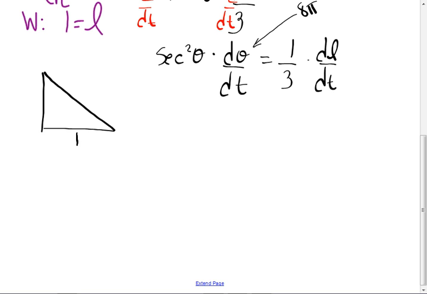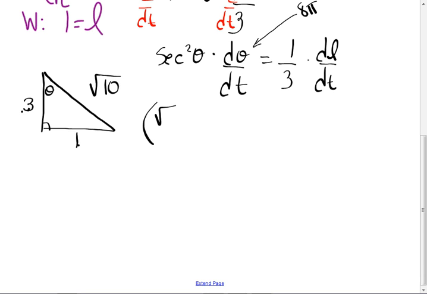This is 1. Now this is the snapshot. This was how big? 3? Pythagorean theorem. 3 squared plus 1 squared is 10. What's the secant of my angle? Cosine is 3 over the square root of 10. Secant is the square root of 10 over 3.